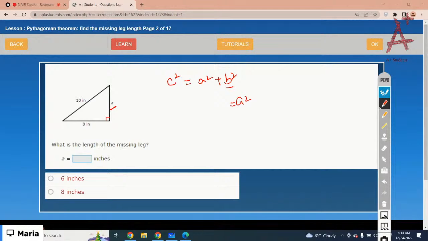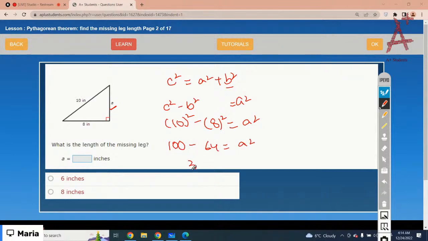So it would be a square equals c square minus b square. Got it? So c is 10 square minus b is 8 square equals a square. 10 square is 100 minus 8 square is 64 equals a square.